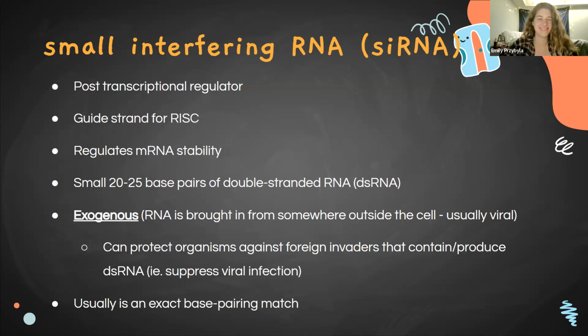Basically siRNA is also a small double-stranded RNA, but its source is exogenous, meaning it comes from outside the cell, and it's usually from a virus. We use RNA interference and gene silencing to silence these exogenous siRNAs to protect us against the foreign viral RNA.